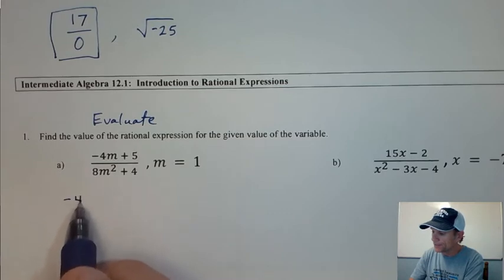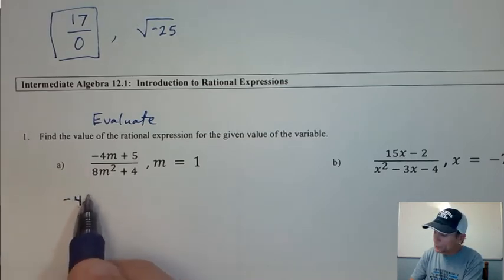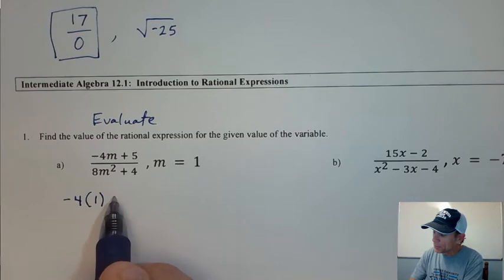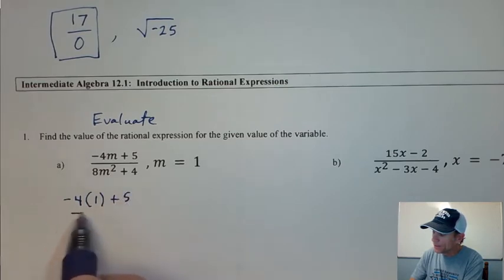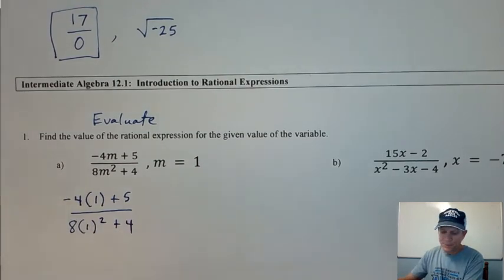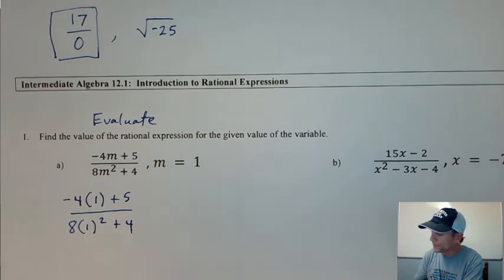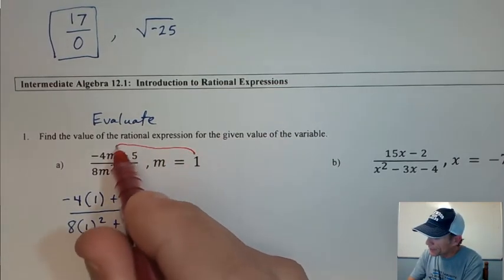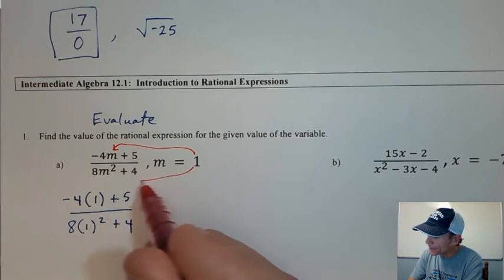So we have -4 times 1 plus 5 over 8 times 1 squared plus 4. Remember, we basically could draw an arrow. We're going to put that right in wherever we see an m, okay?